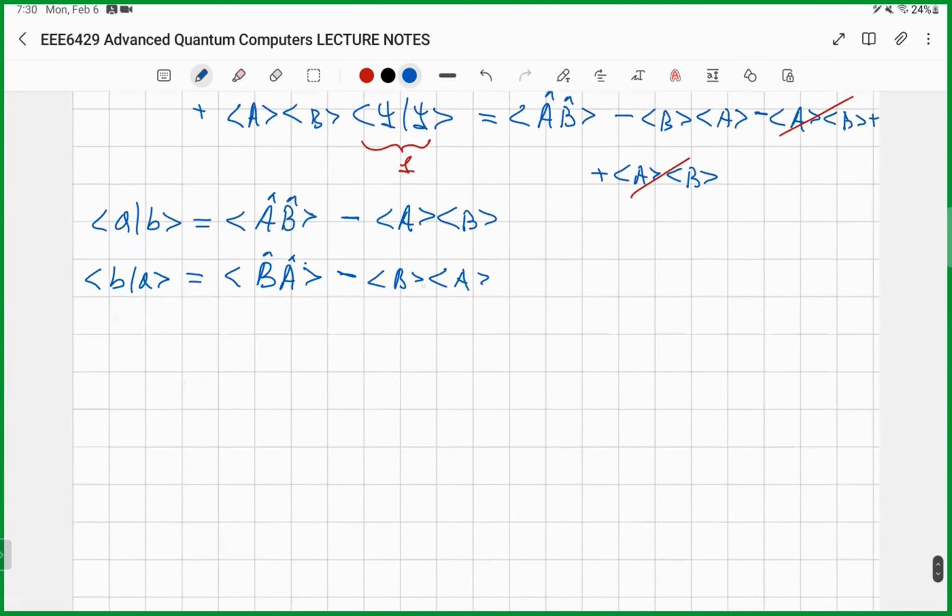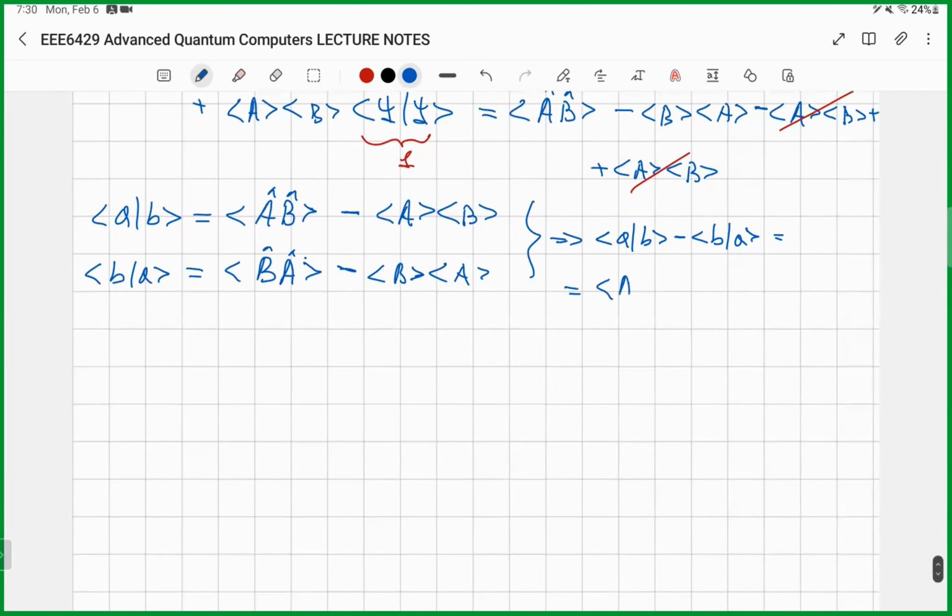Hence the difference of AB and BA is equal to the expectation of AB minus the expectation of BA, and these two constants cancel out.